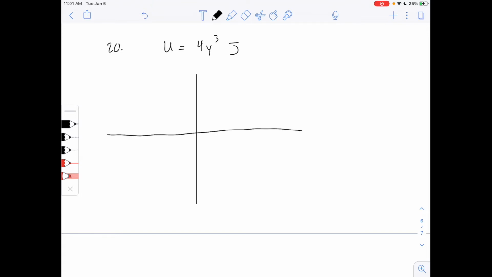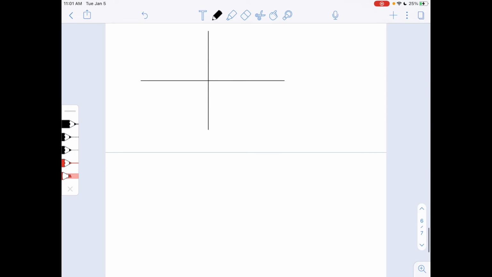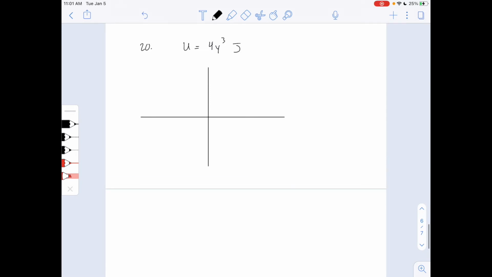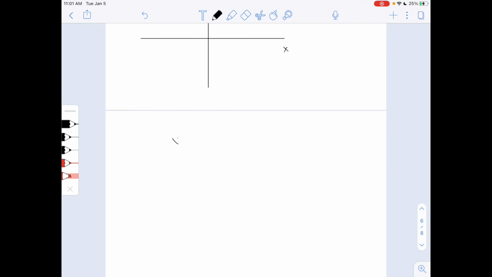Go ahead and get our coordinate system here. And actually, before we start graphing those, let's go ahead and get a few points from 0 to 2 to get a graph for this. So we want to graph position on the x, potential on the y. And so let's get a few data points here.